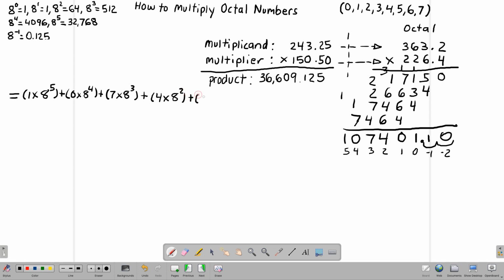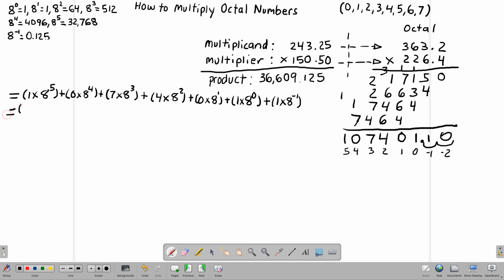Then we have 0 times 8 to the 1st power, and that was in the first position. And then we have 1 times 8 to the 0th power, in the 0th position. And then we have 1 times 8, and because that 1 is to the right of the decimal place, it would be in the -1 position. The other 0, anytime we multiply that times 0, we're going to get a 0, so we're not going to include it here.